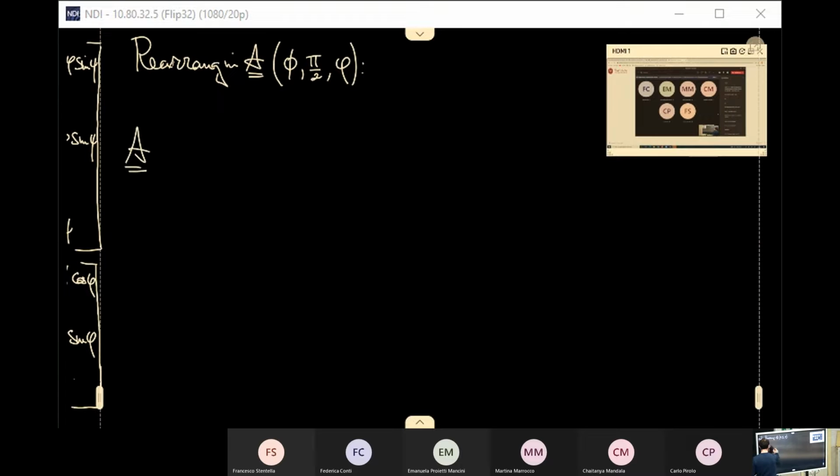We can rewrite A like this, very simply, 0, 0, 1, minus sine of what?